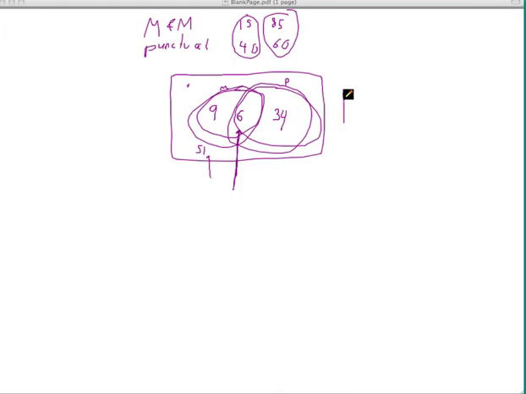So the probability that A or B happens, and I put it on the Venn diagram so you can visualize it, A or B. So that equals the probability of A plus the probability of B minus the probability that they both happen at the same time, because you don't want to double count that.